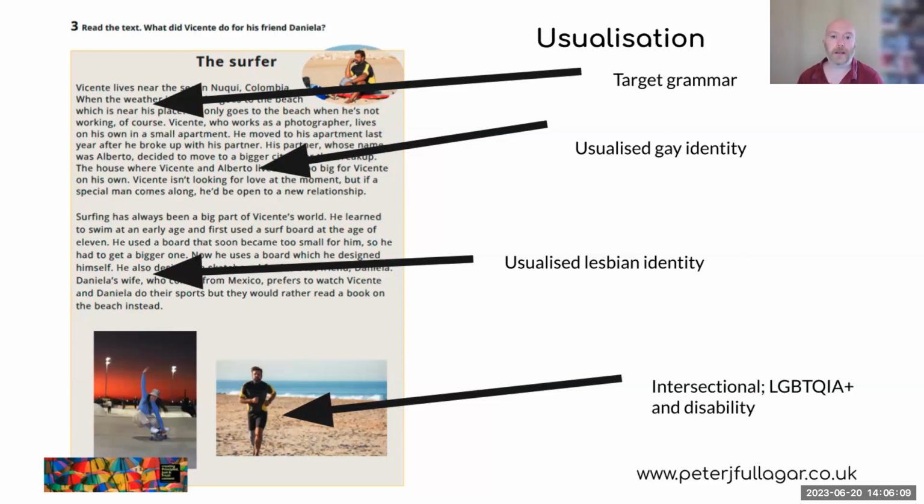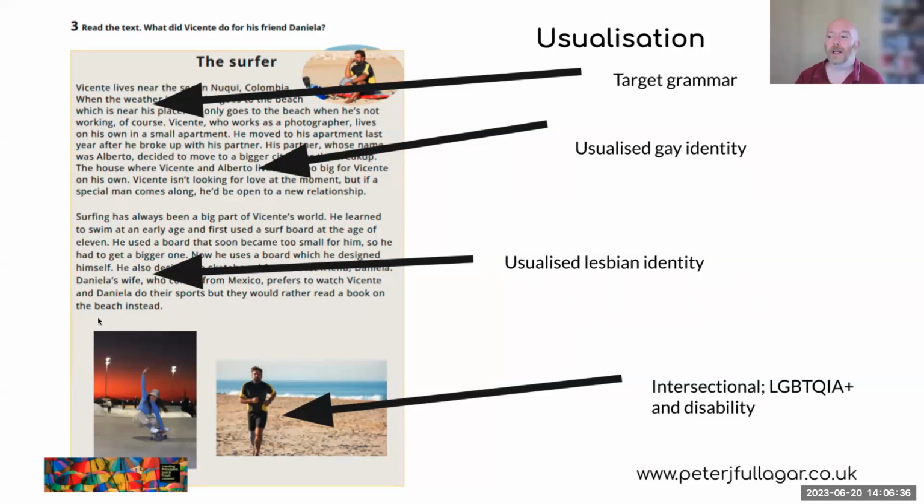It's not necessarily pointing out that this person is a lesbian or this person is gay. It is just a usual part of society. And with this kind of way, I think it's really important for students to see that marginalized groups are part of everyday life and they're part of everyday society.